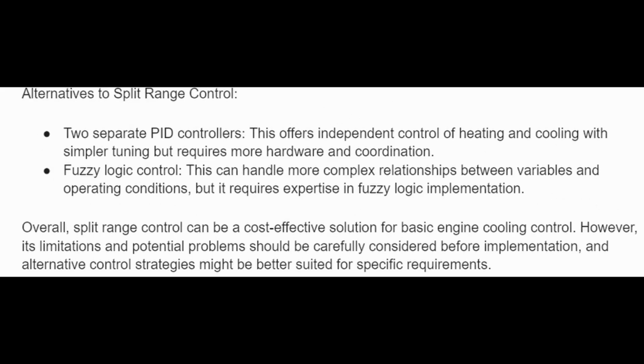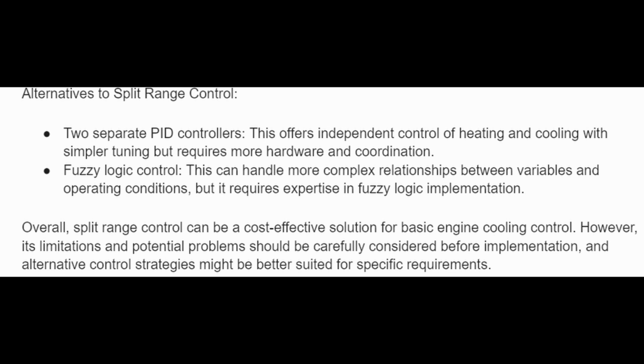Alternatives to split range control. 2 separate PID controllers. This offers independent control of heating and cooling with simpler tuning but requires more hardware and coordination. Fuzzy logic control. This can handle more complex relationships between variables and operating conditions but requires expertise in fuzzy logic implementation.